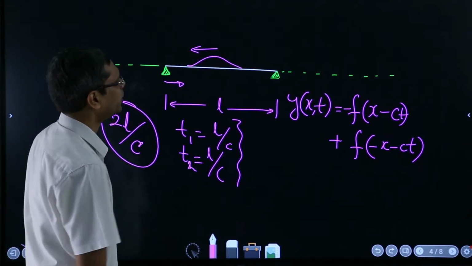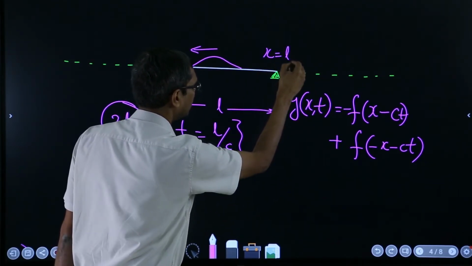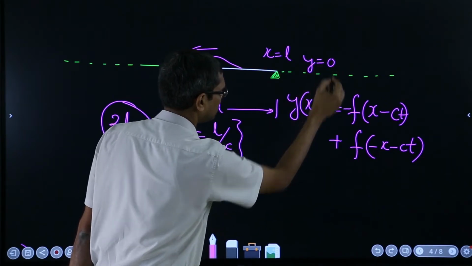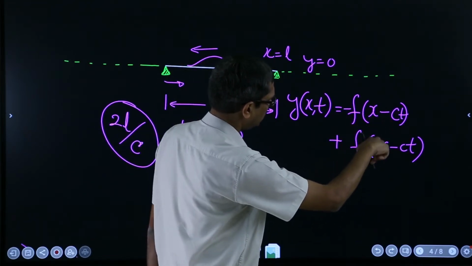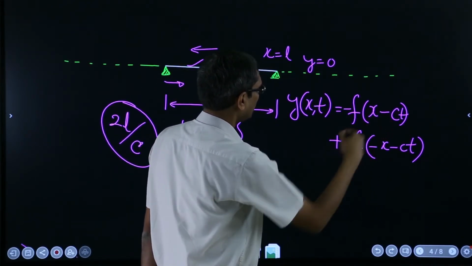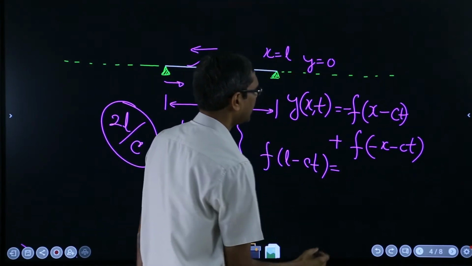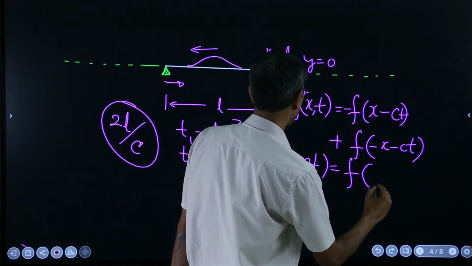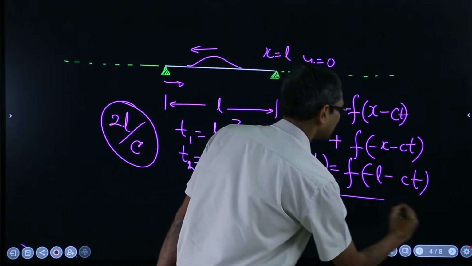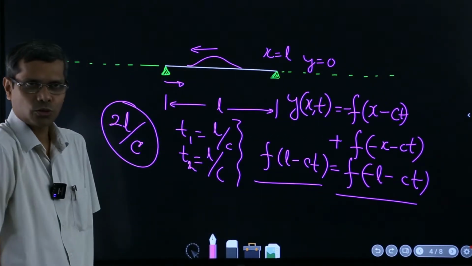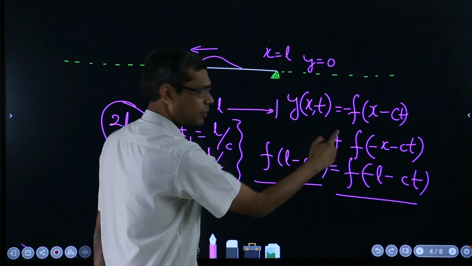Now because we have one more condition, that at x equal to L, y needs to be 0. So you just see here, if I put f of L minus ct, and this is f of minus L minus ct, if this condition is satisfied, if I choose a function such that this condition is satisfied, then this will become 0 because of this minus.